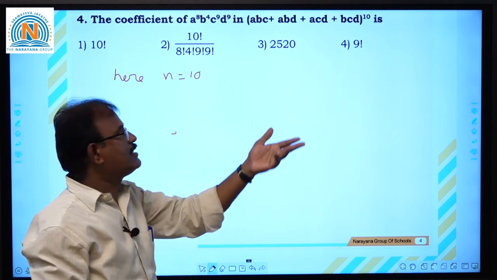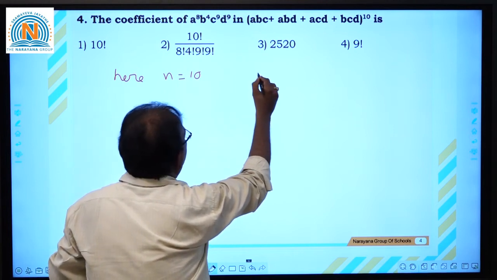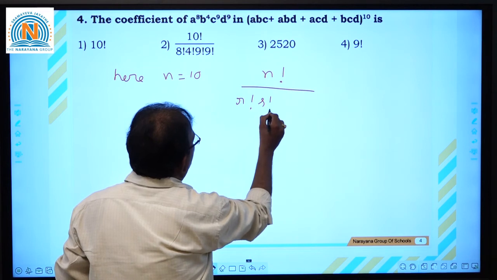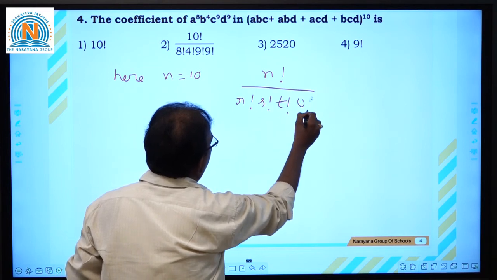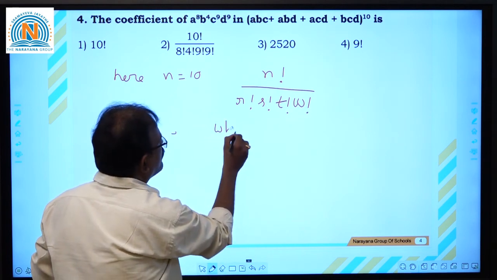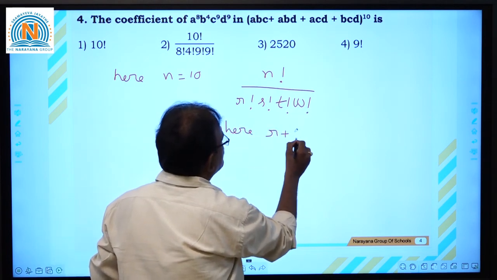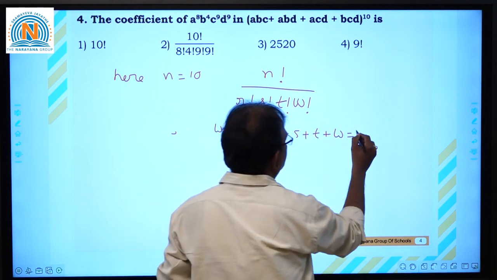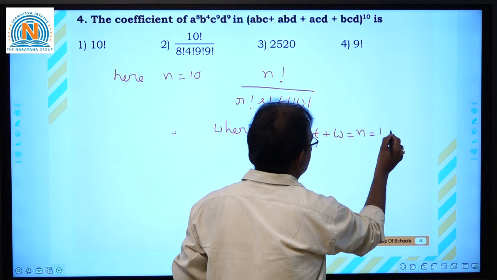As the powers are equal to the values of r, s, t, w, for example, n factorial by r factorial into s factorial into t factorial into w factorial, where r plus s plus t plus w is equal to n, that is nothing but 10.